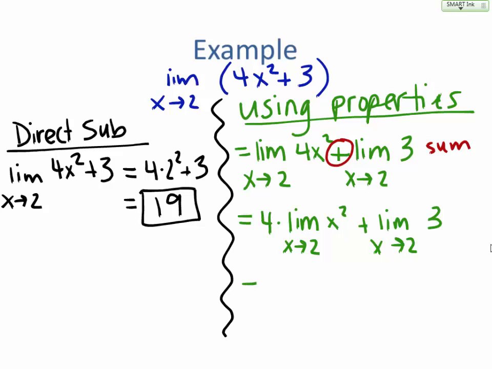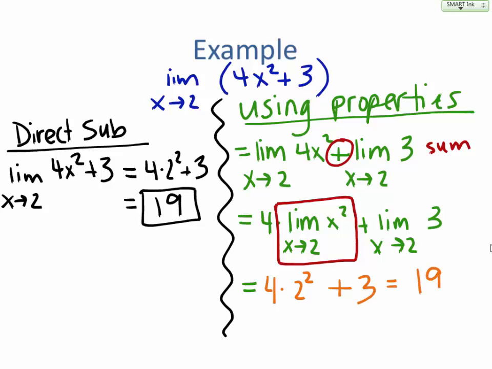In the end, now we can evaluate these limits using direct substitution. So I have 4 multiplied by 2 squared plus, as we saw before, the limit of a constant function is just that constant, and we still get a limit of 19.